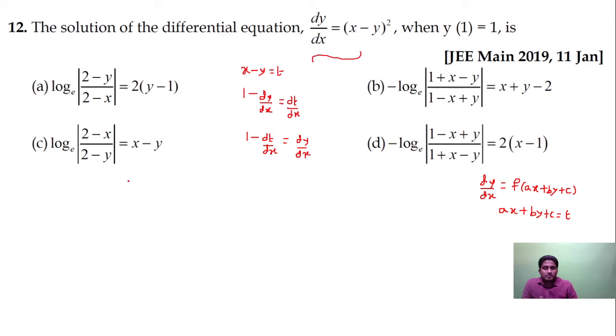So this question becomes 1 minus dt by dx is equal to t square. So this becomes 1 minus t square is equal to dt by dx. So you get dx is equal to dt upon 1 minus t square. Right, let's integrate this. Integration of dt upon 1 minus t square is equal to integration of dx, plus c.